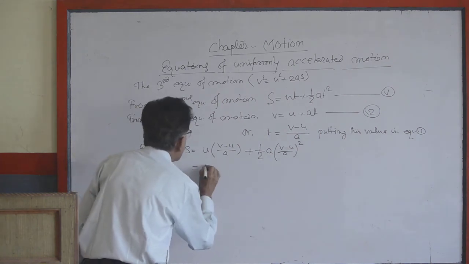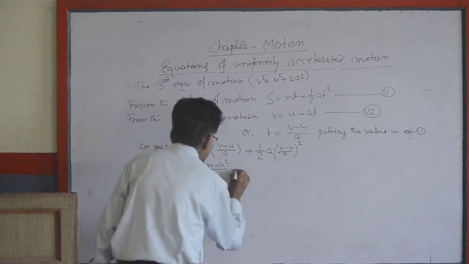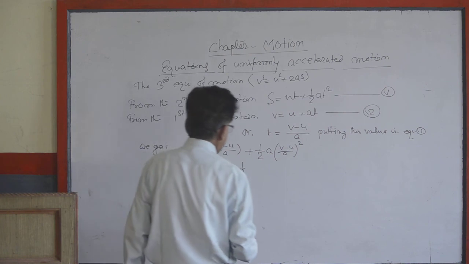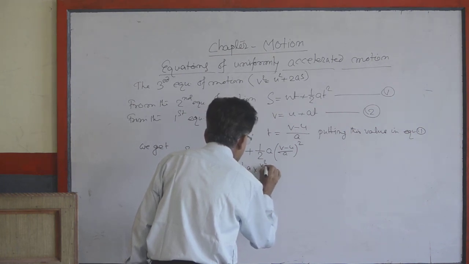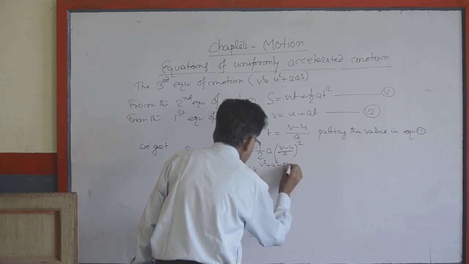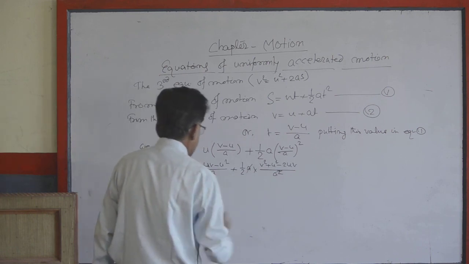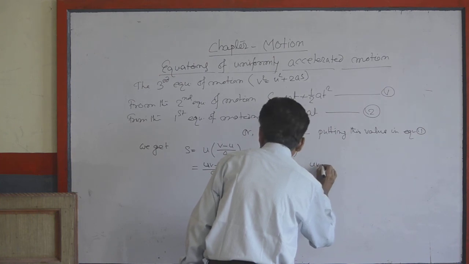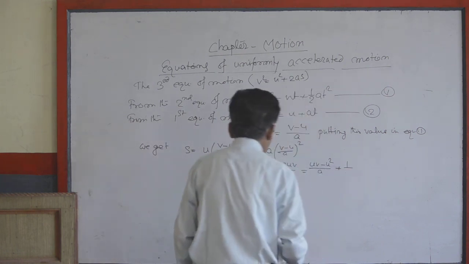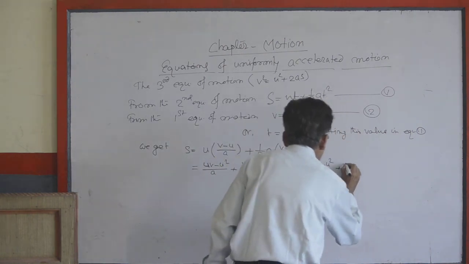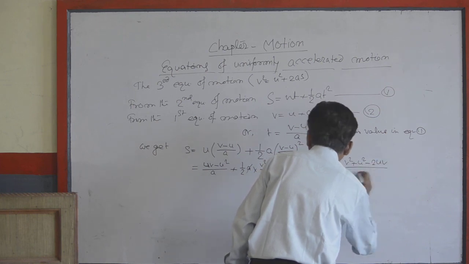From this, equal to uv minus u square by a plus half a into v square plus u square minus 2uv by a square, equal to uv minus u square by a plus v square plus u square minus 2uv by 2a.